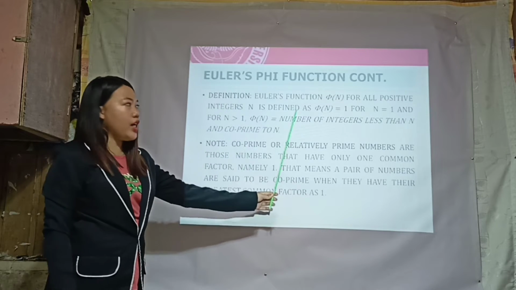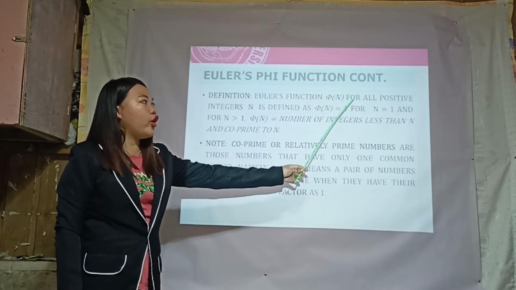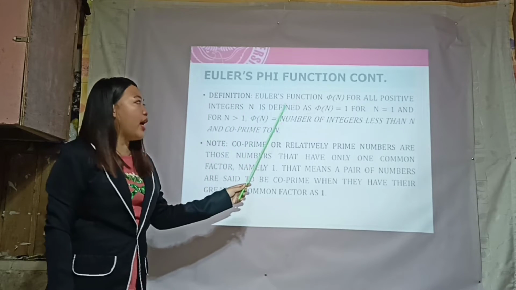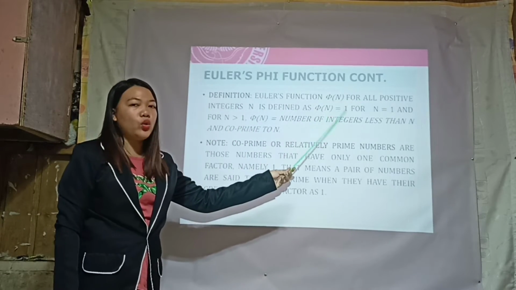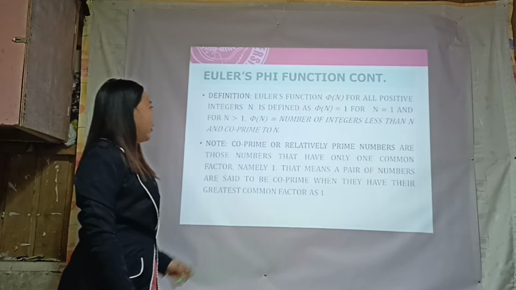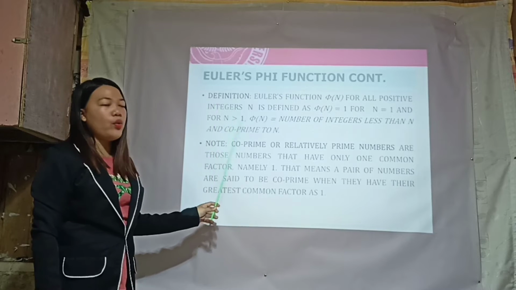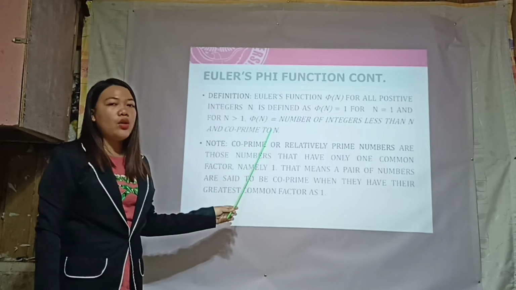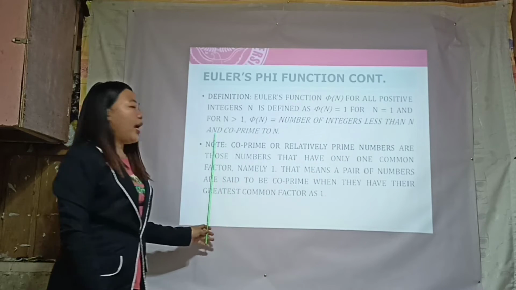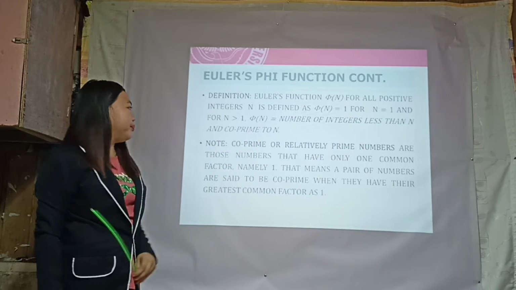So Euler's function phi of n for all positive integers n is defined as follows: phi of n is equal to 1 for n equal to 1, and for n greater than 1, phi of n is equal to the number of integers less than n and co-prime to n.